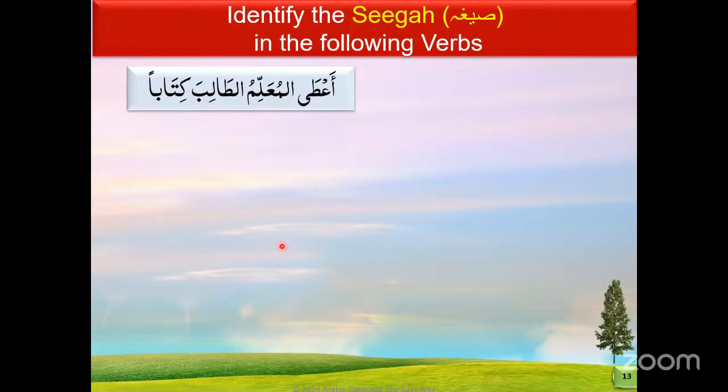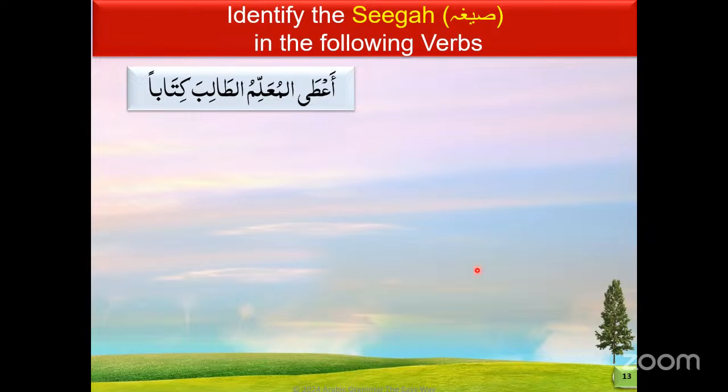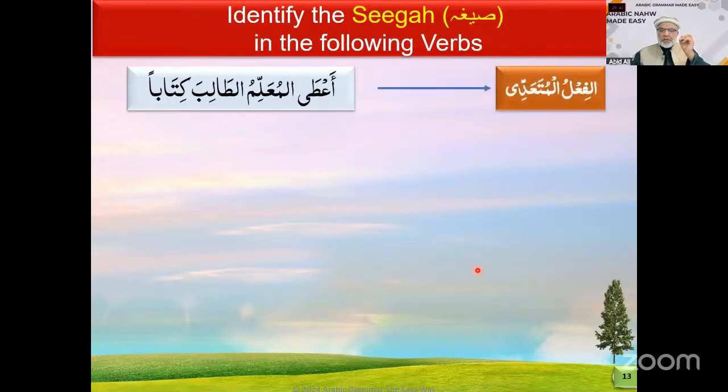Muallim, teacher. So is this fi'lul lazim or fi'lul mutaaddi? Fi'lul mutaaddi. Very good job. So guys, in fi'lul mutaaddi you can have more than one object. You can have one, two, or three, but as soon as you see an object, this verb is al-mutaaddi.